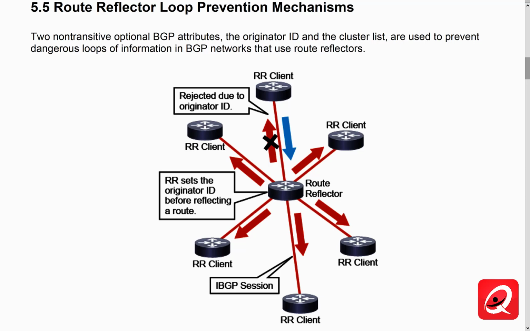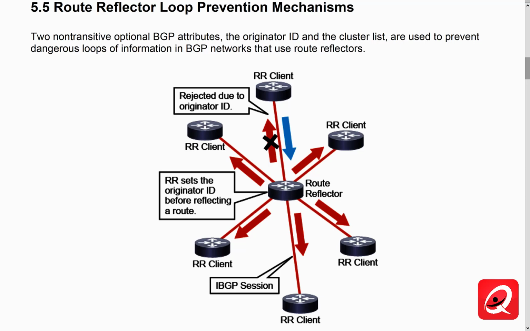So it's important to understand that if I'm configuring route reflectors in my environment, it is going to change the overall BGP path selection process. All right. So as we mentioned, there are attributes that are added. The originator ID, which is the router ID of the originating router.